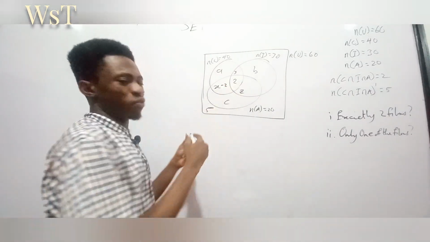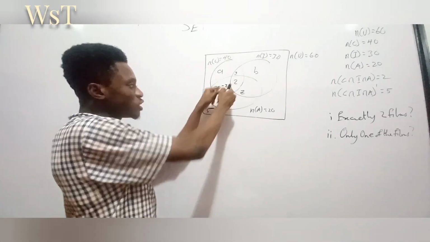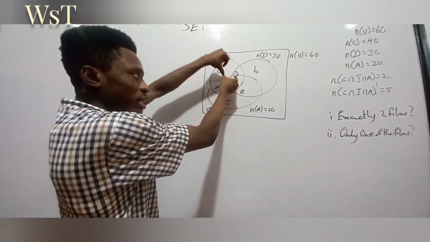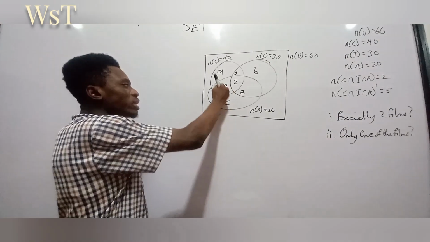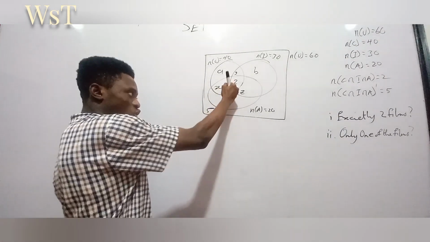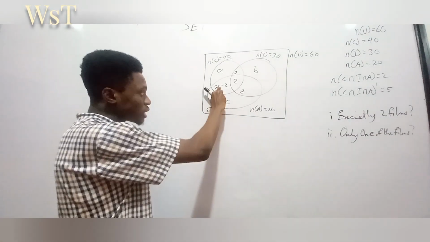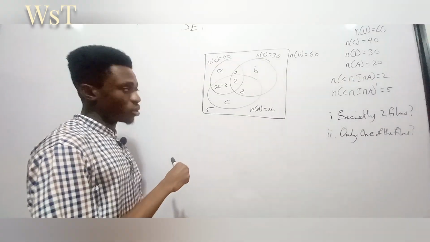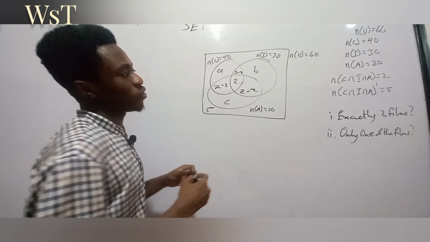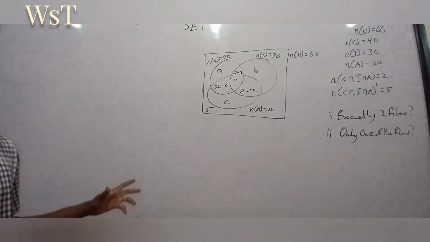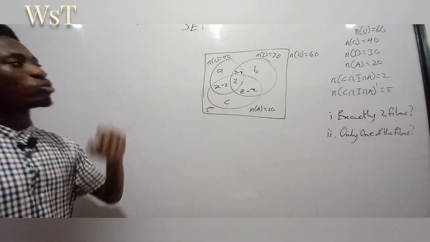Because we know that since 2 people watched all 3, it is assumed that among this number, the 2 is inclusive. So you have to subtract the 2 from it. Here too you subtract the 2 from it, then you get this. Then you are good to go.